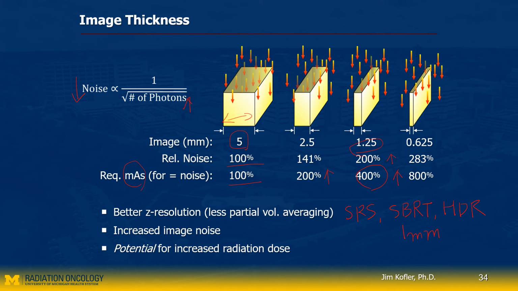That means if you don't do anything, you end up with increased noise. Then if you want to reduce the noise, you end up increasing tube current. That means your patient imaging dose will unavoidably increase as well.